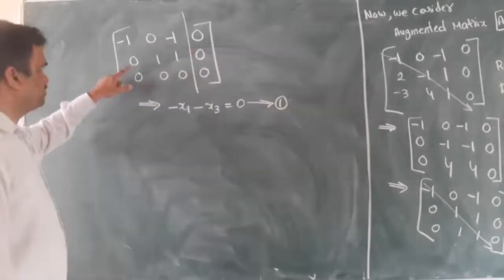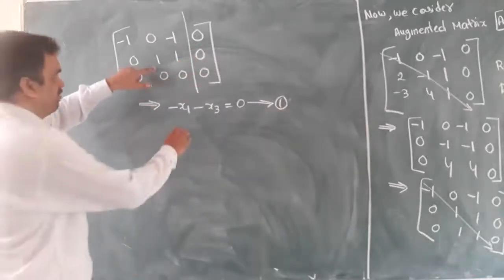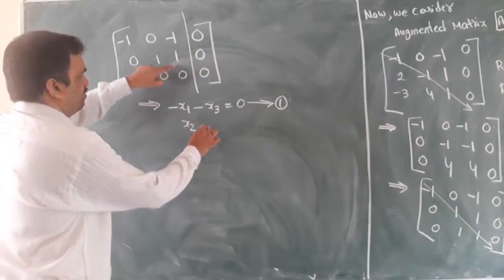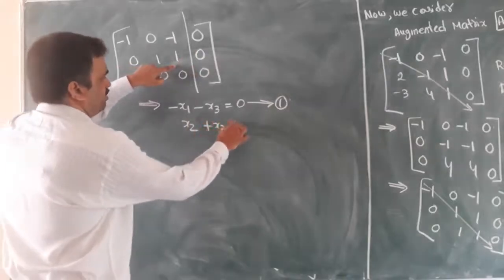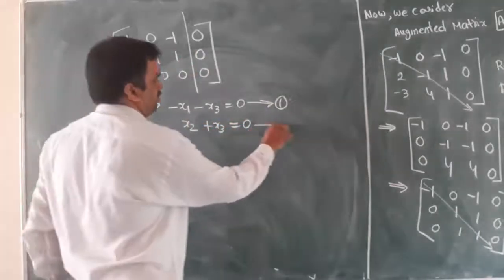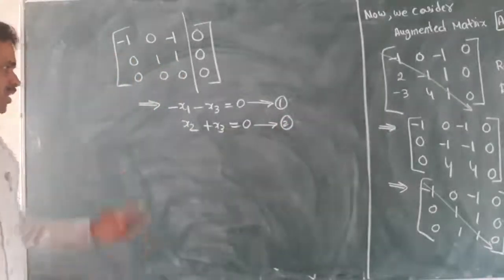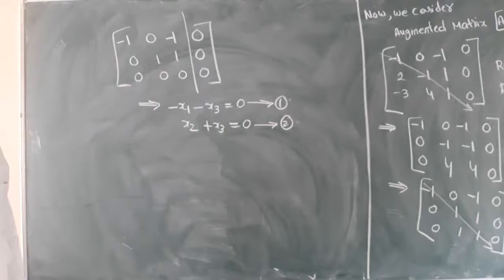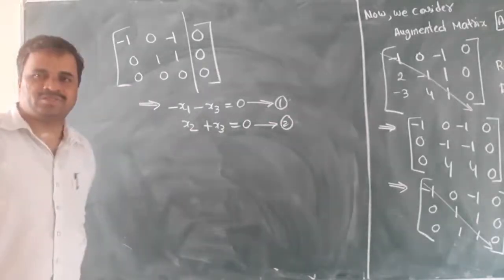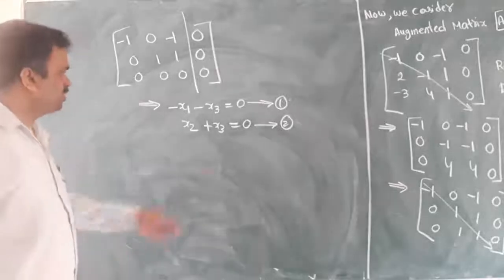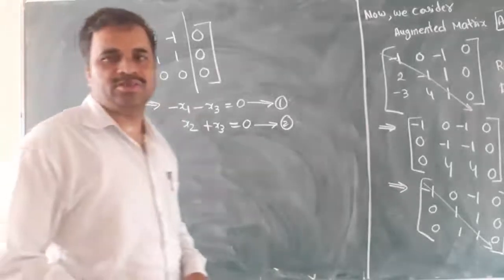Equation number 2: 0 x1 plus x2 plus x3 equal to 0. We have to solve equations 1 and 2. How many equations? 2 equations of 3 variables.